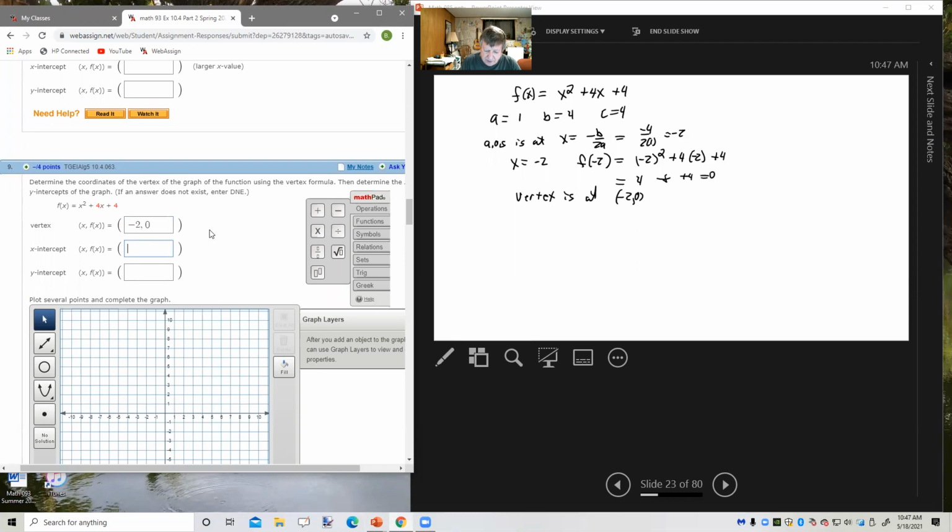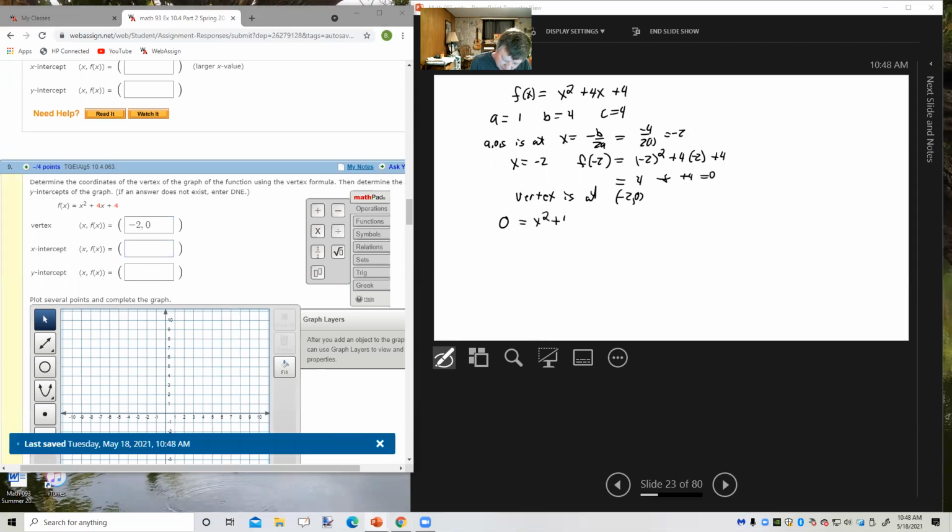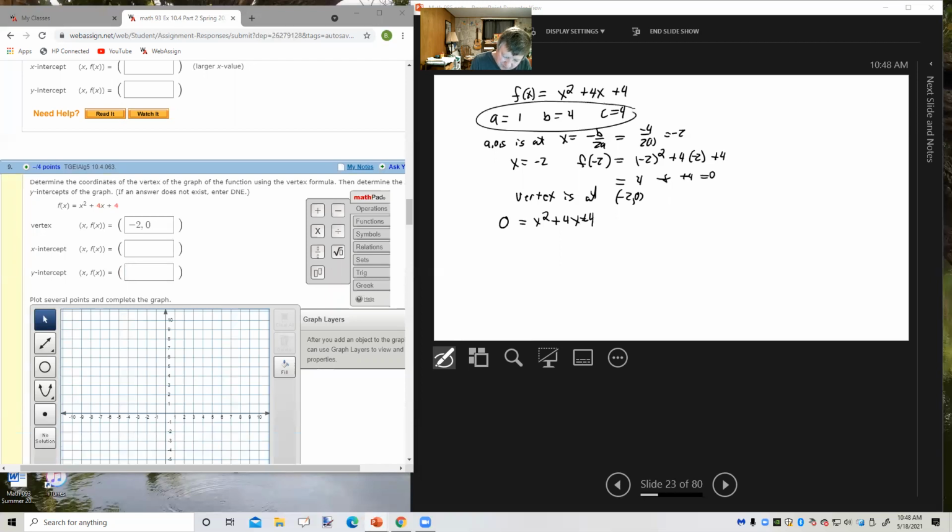X-intercepts. To find x-intercepts, set y equal to 0. Well, if y equals 0, we'd have 0 equals x squared plus 4x plus 4. I already found a, b, and c.